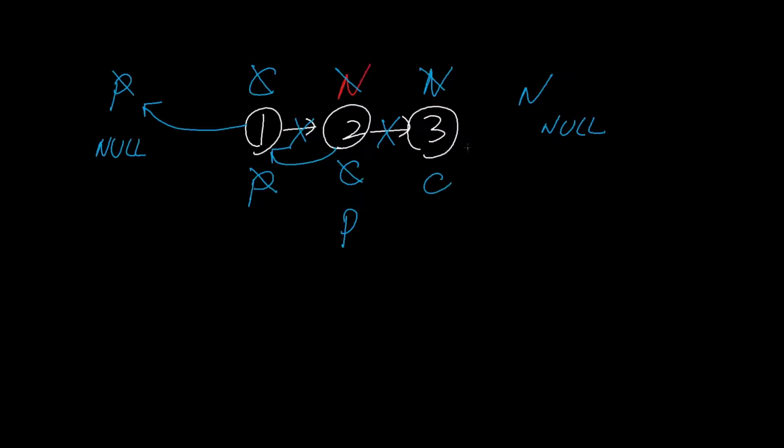And then the next pointer of the current node will change to point to the previous pointer, so it will be here. And also we change the position of the previous pointer here and the current pointer here, right? And once the current pointer becomes null, we can leave the loop.